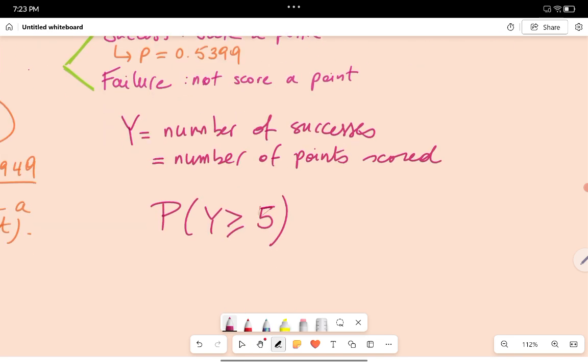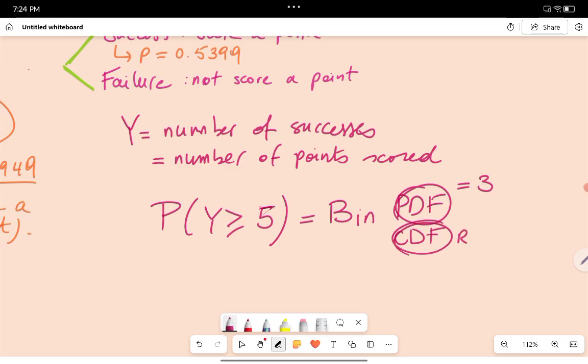So this is quite simple. Now we're going to simply use the calculator. So this will be binomial. And now the question is, are we going to use PDF or are we going to use CDF? PDF is when we want exactly 3 points scored. And CDF is with a range.